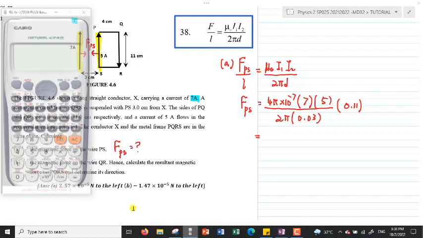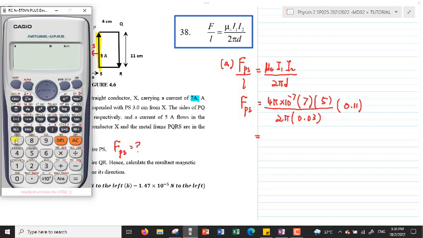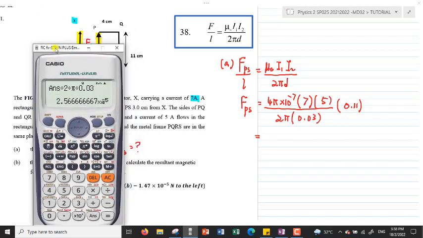So let's do the calculation. Using the calculator, call out the μ0, multiplied with 7, multiplied with 5, multiplied with the length 0.11, divide by 2, divide by π, divide by 0.03, so we get 2.57 times 10 to the power of negative 5.